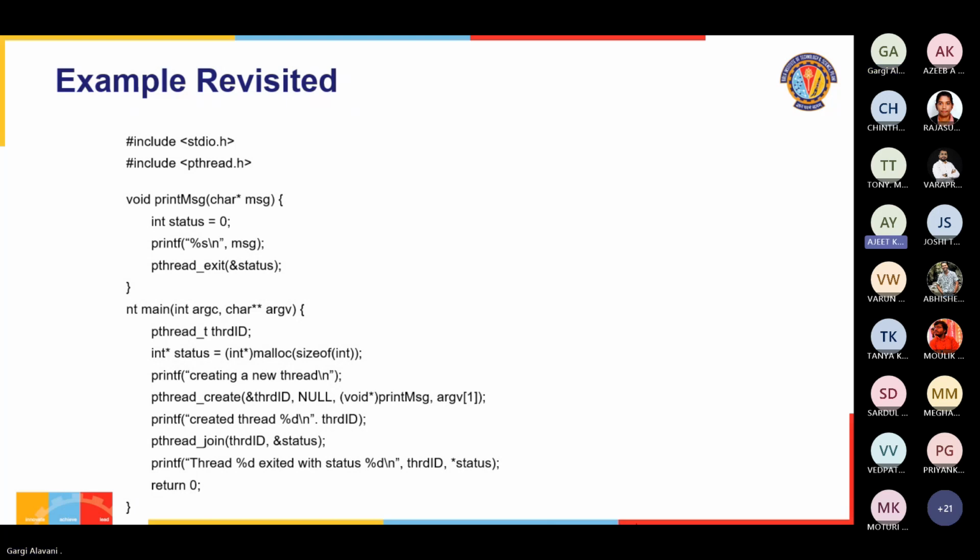You have to mention the thread ID that you want to terminate and the status. The main difference which will help you understand is that pthread exit is called within a thread. The thread calls pthread exit, whereas pthread join is called by another thread so that the thread it wants to join will join it after completion.